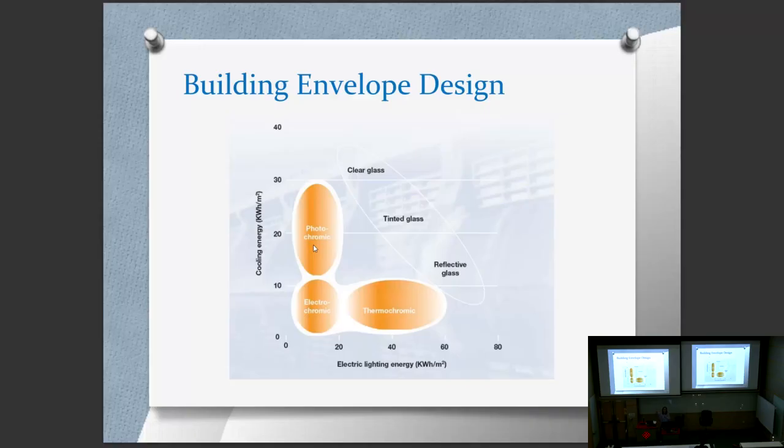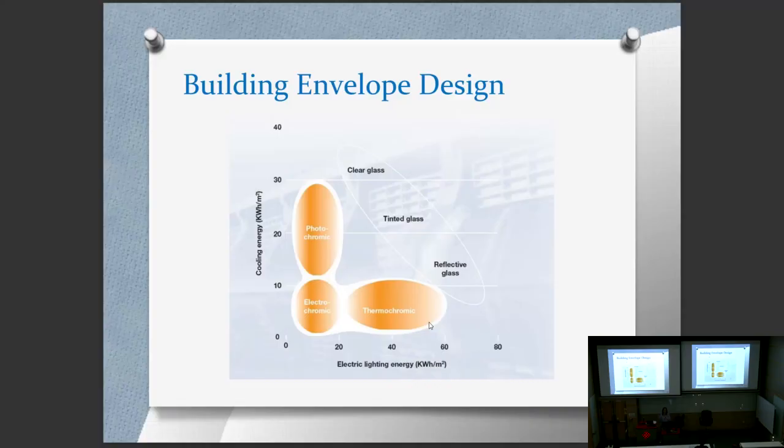When there is so much daylight on the facade, then the transmittance will be lower, and therefore blocking the unwanted daylight. Or when the daylight availability is less, then the transmittance could be higher, allowing more daylight to transmit and therefore saving electric lighting. But at the same time, it will also allow the solar heat gain, and therefore result in high air conditioning energy consumption.